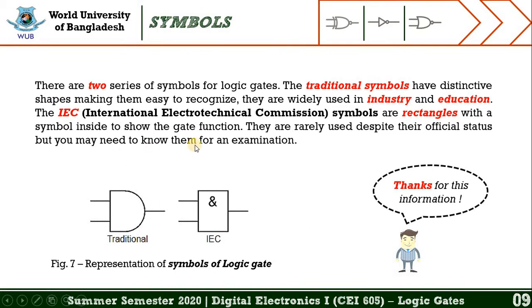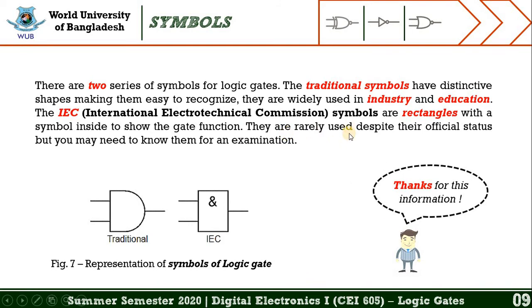From this slide we will learn the symbols of logic gates. There are two series of symbols for logic gates. The traditional symbols have distinctive shapes, making them easy to recognize. They are widely used in industry and education. The IEC symbols are rectangles with a symbol inside to show the gate function.